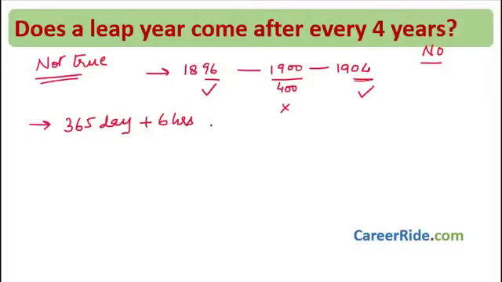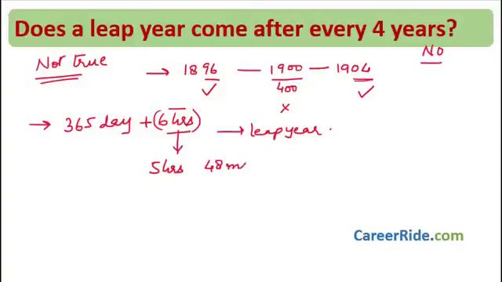Because of this, the 6 hours get accumulated, and at the end of the 4th year we add these 6 hours and form the leap year, right? But in reality these are not 6 hours. These are actually 5 hours, 48 minutes and some seconds.